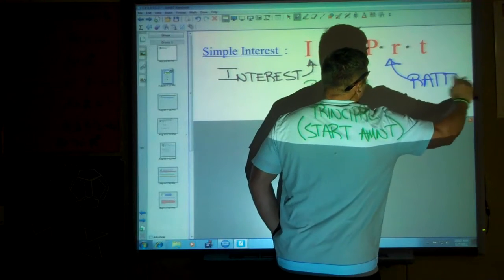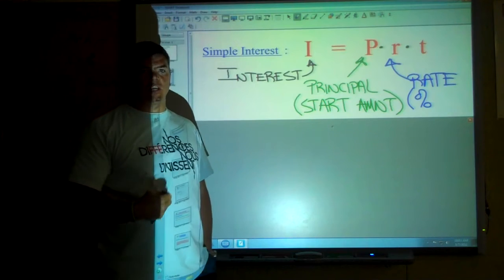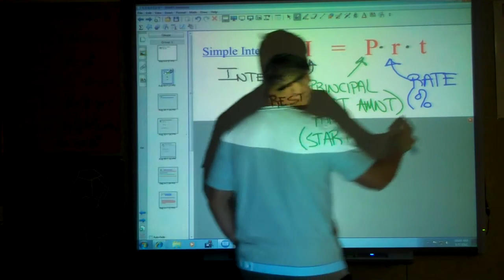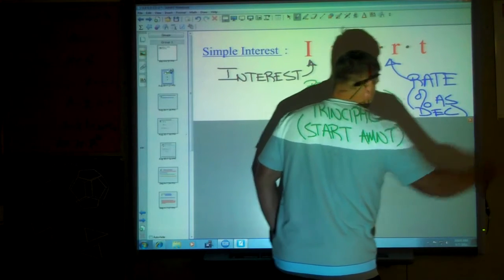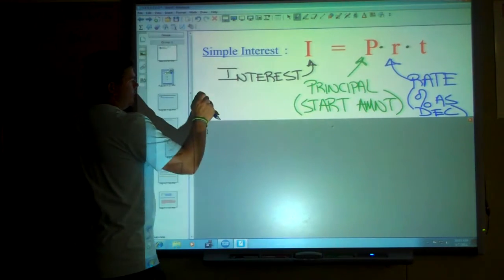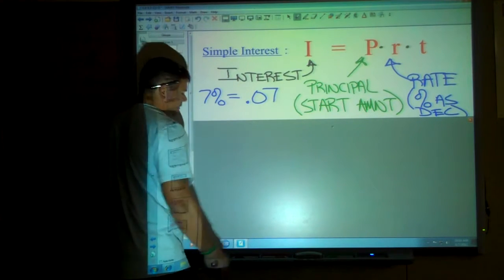Now the rate is a percent, but we must write that percentage as a decimal. What we mean by that is, if you have 7%, that's going to equal 0.07.